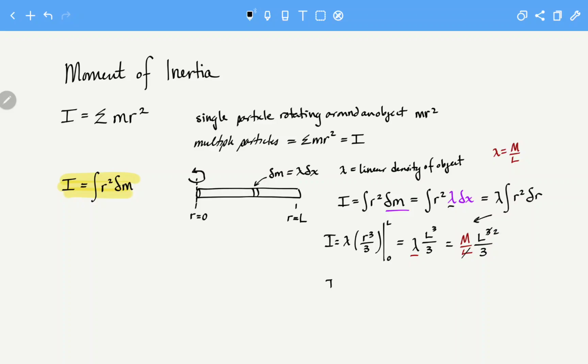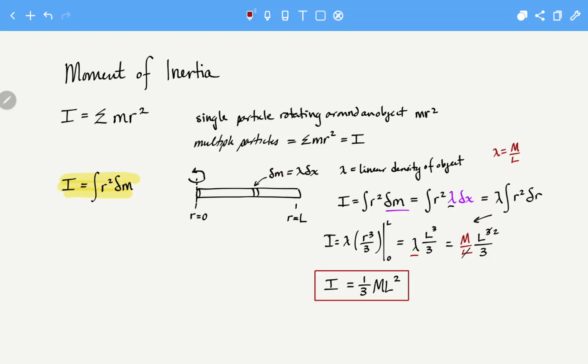And so what I'm left with is the moment of inertia for a rod spinning around its edge would be 1/3 mL squared. All right, that would be the equation for that. And if you don't trust me, check it out. Like, just look at my textbook. It's exactly what it's going to say. All right, no big deal.